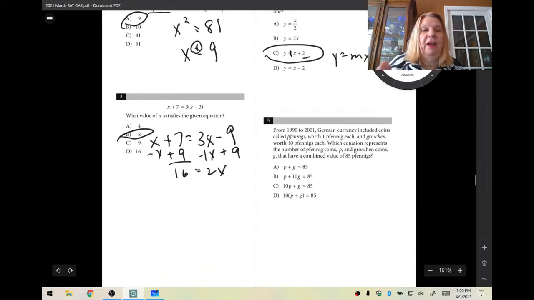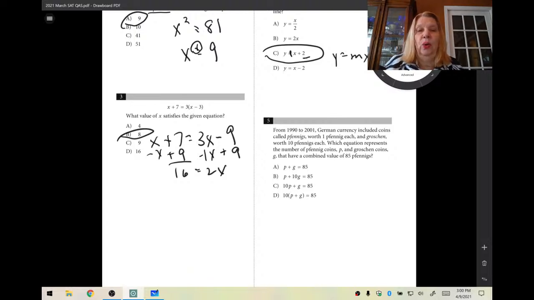We're all the way up to 5. From 1990 to 2001, German currency included coins called pfennigs, worth 1 pfennig each, and Groschen, worth 10 pfennigs each. Which equation gives the total number of pfennig coins and Groschen coins, which would combine to equal 85 pfennigs?